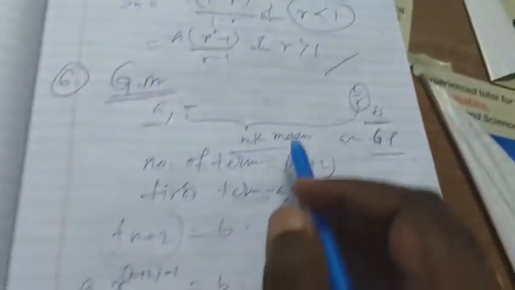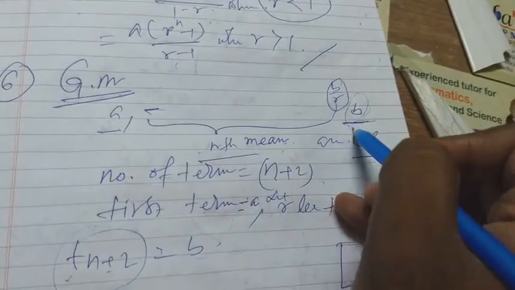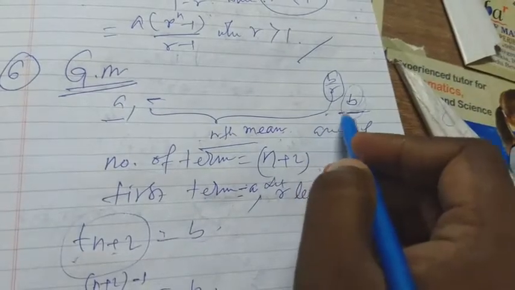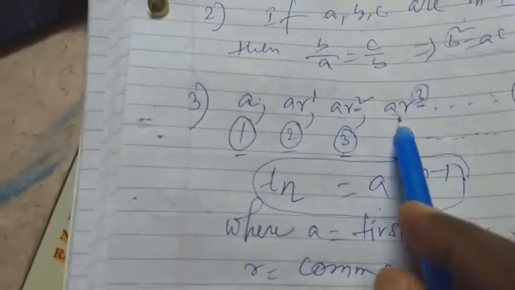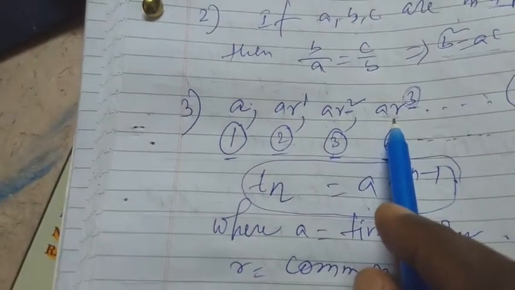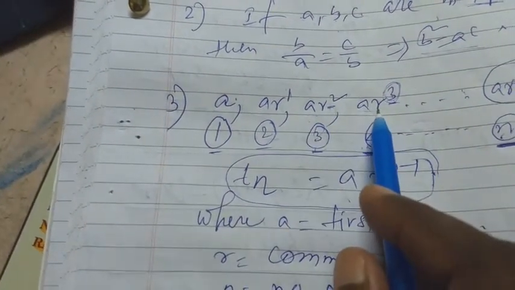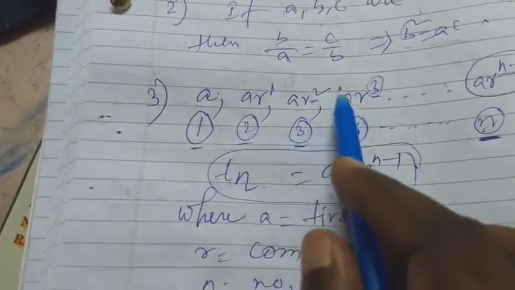And the last mean, see here, if b is the last term, then the previous term is b by r. And let's see here, if the term is a into r cube, then the previous term is this term divided by r, and also the previous term of this is this term divided by r.